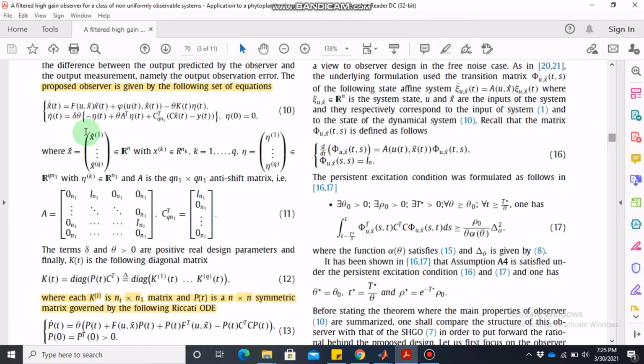If you look at that, there are some x hat states, eta states, and within the x hat states, this matrix K comes from the diagonal matrix, where each entry is P times C transpose, and P is the solution of this Riccati equation. So we need to solve the Riccati equation in our code as well.